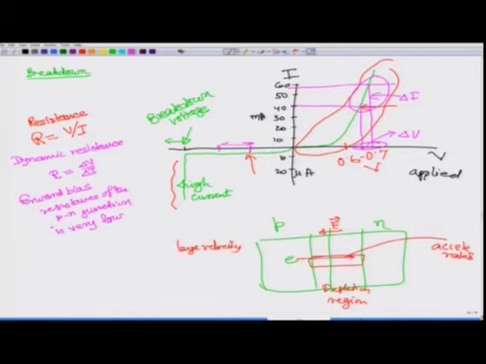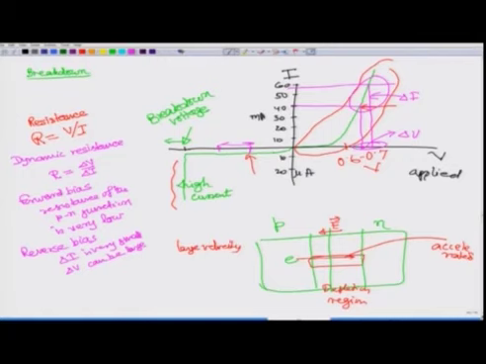So, if you are in reverse bias, delta I is very small, negligible, almost 0, whereas delta V can be considerable, a few volts for example, and the change in current is not even a microampere.